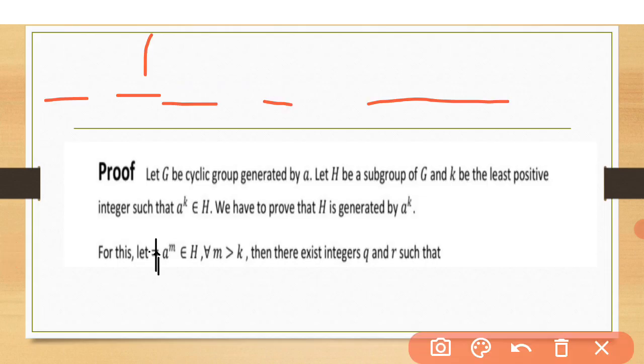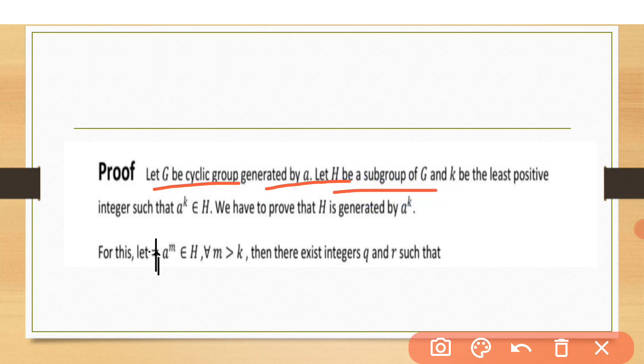Let G be a cyclic group generated by a. This means that all the elements of G are powers of a, generated by a. Let H be a subgroup of G. It means that all the elements of H can also be generated by a.